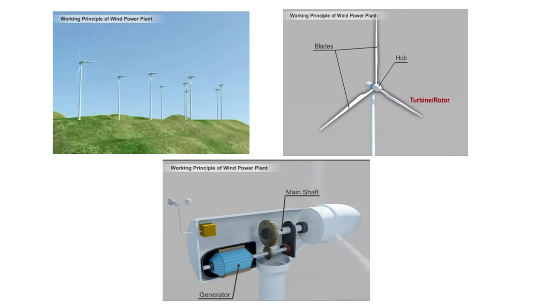It spins the generator, because of which electricity is produced, and this electricity can be transferred by using transmission or distribution lines to homes, industries, schools, and hospitals, etc.